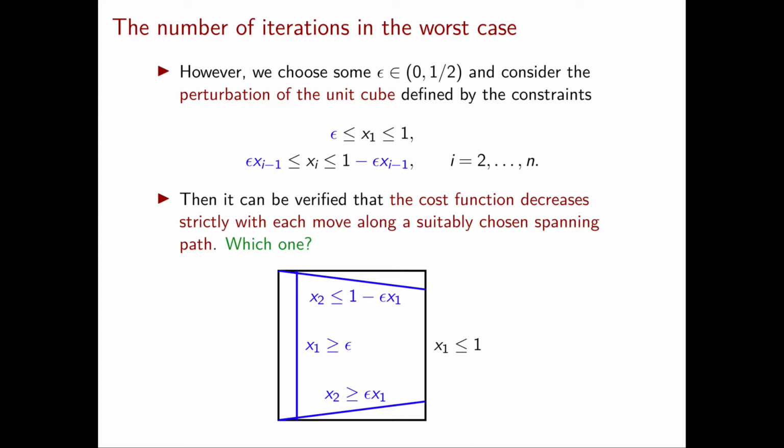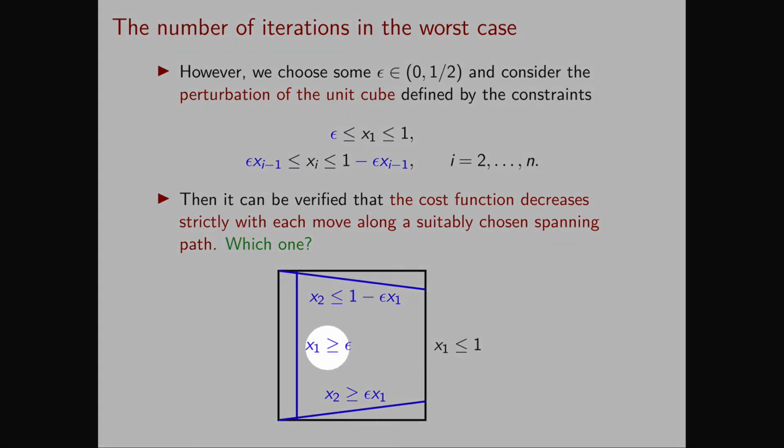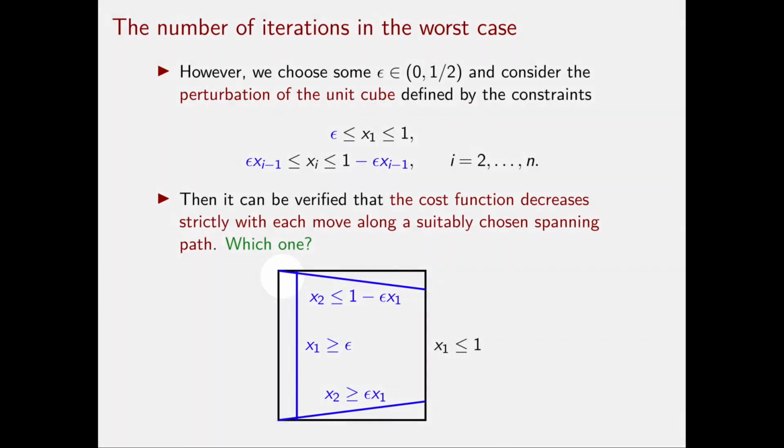Still, we don't really have a geometric intuition of what's going on, and so to understand it a little better, let's visualize this perturbed cube in dimension 2. In dimension 2, we only have 4 inequalities to draw. In the picture down here, I have in black our old unit cube. So this is the polyhedron given by x1 and x2 between 0 and 1. Now we have to draw the 4 inequalities corresponding to our perturbed cube.